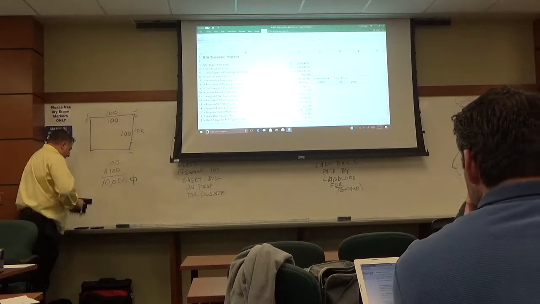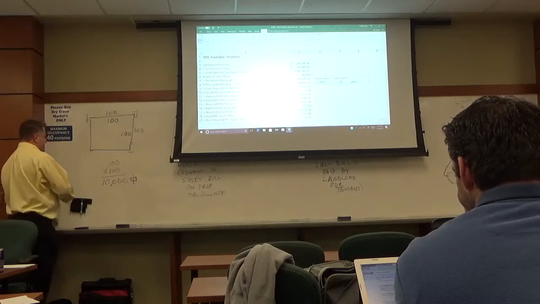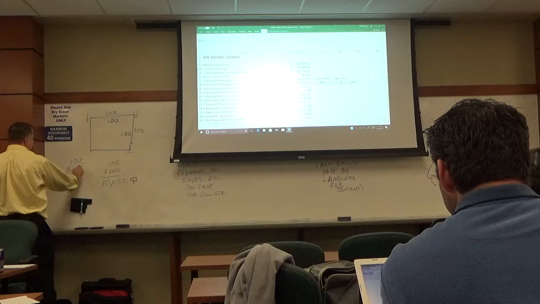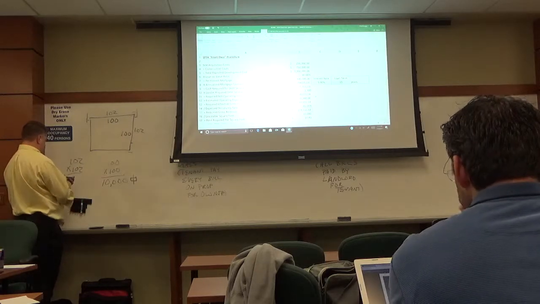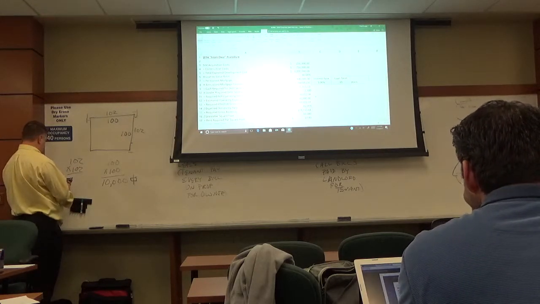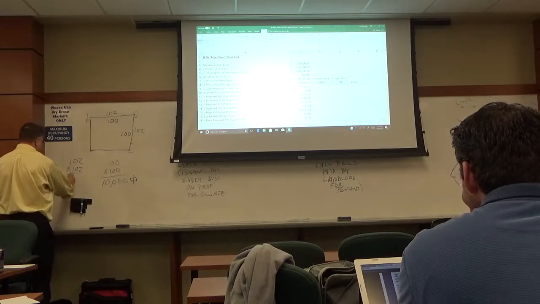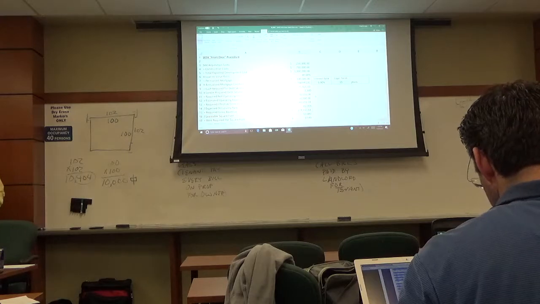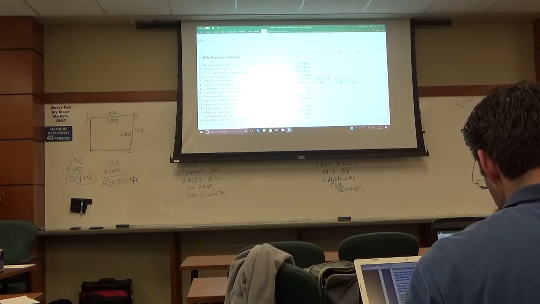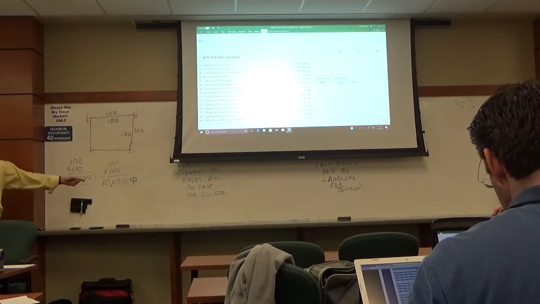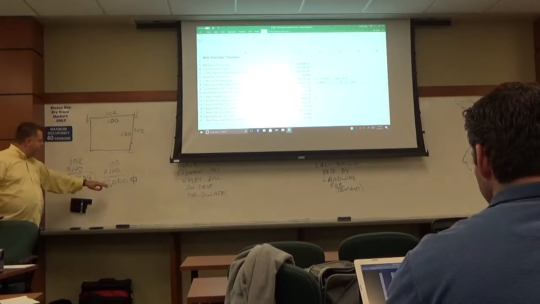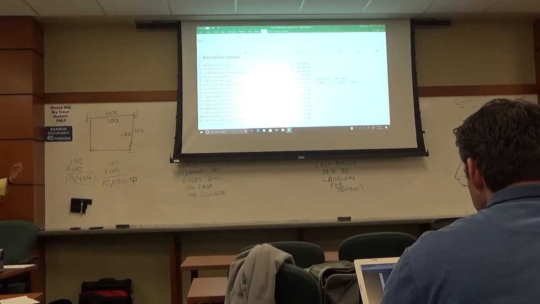Now, if we take 102 times 102, it's not a huge difference, but it does add an extra 404 square feet onto the building. An extra 404 square feet of rent that we're going to have to pay.